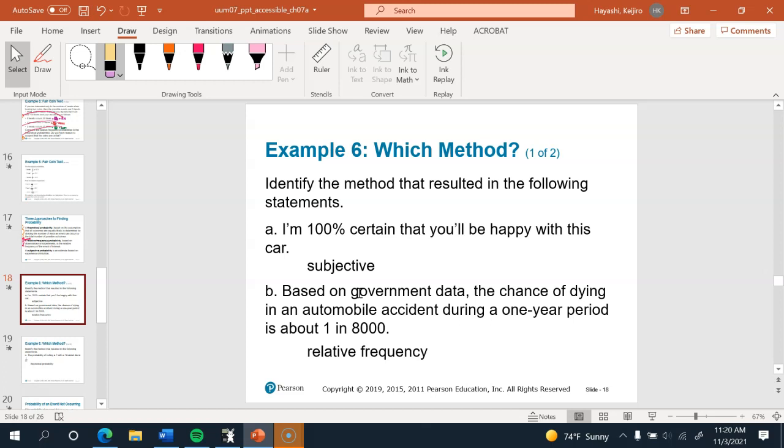That is a relative frequency because, although it's not an experiment, they didn't put a whole bunch of people into automobile accidents on purpose, they observed some real phenomena and measured that out to some sort of frequency. So that's a relative frequency or an experimental probability.